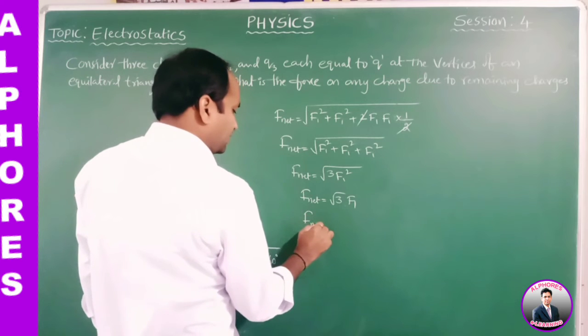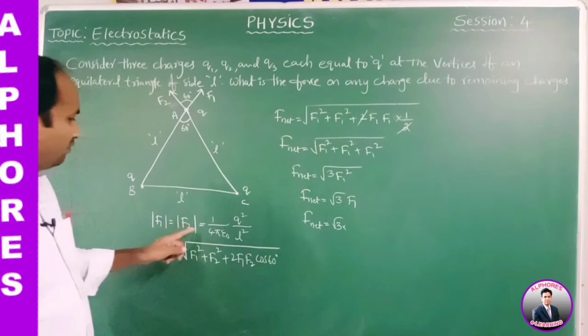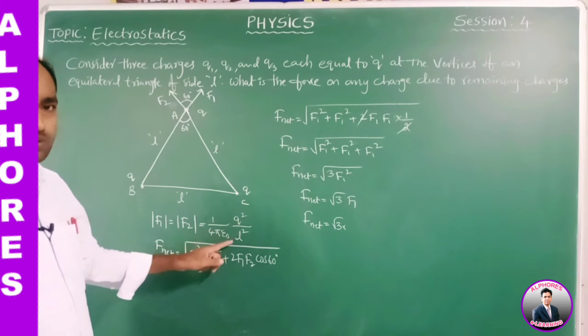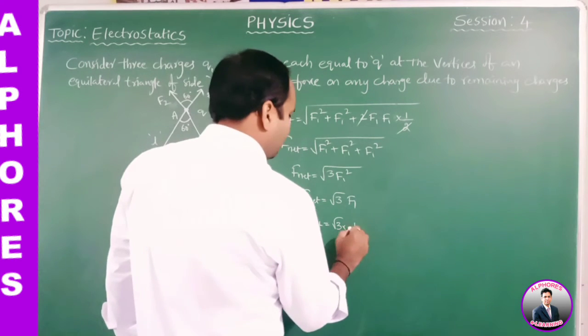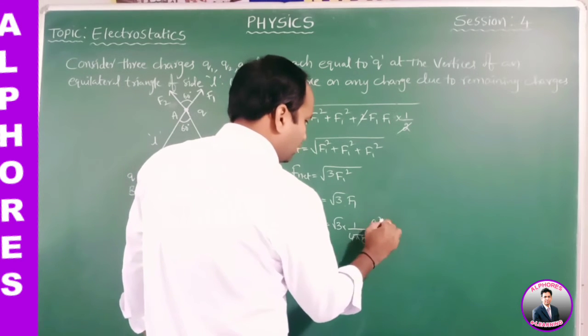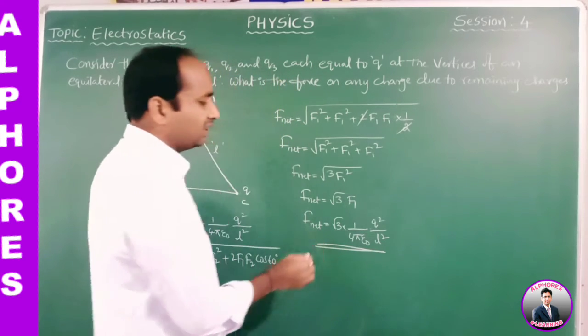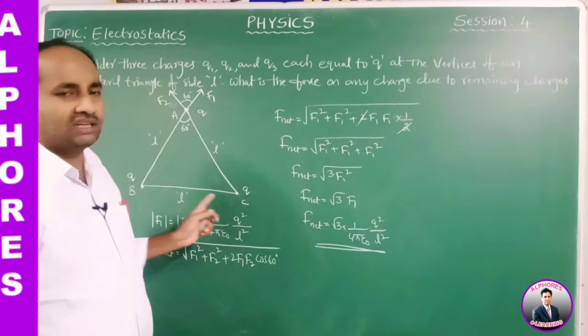Therefore F net is equal to root 3 times F1. What is the F1 value? 1 by 4 pi epsilon naught Q square by L square. So this is the resultant force acting on any one of the vertices.